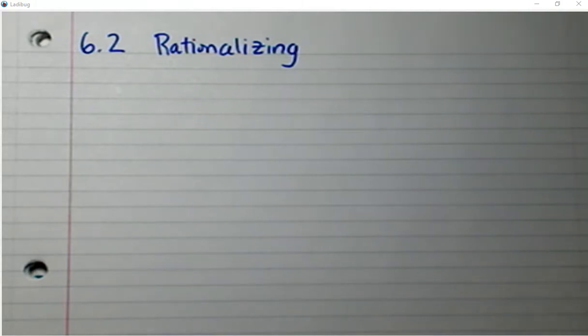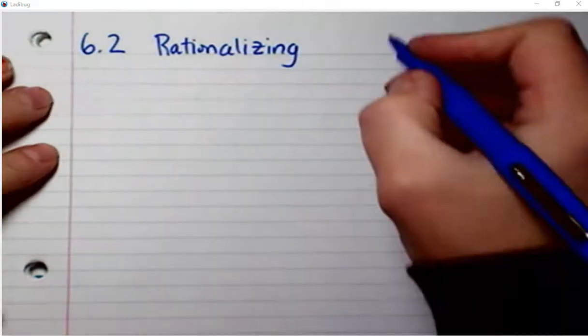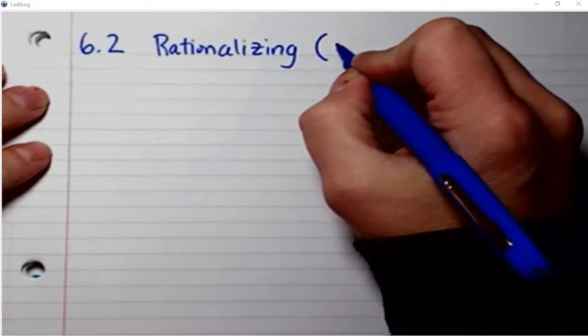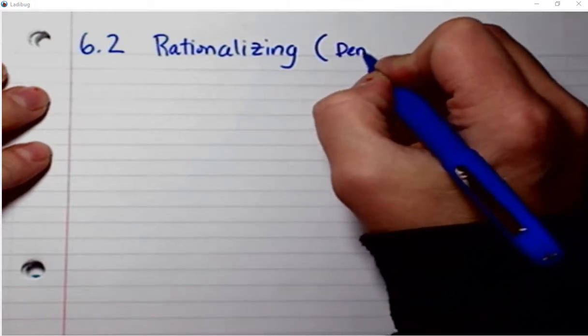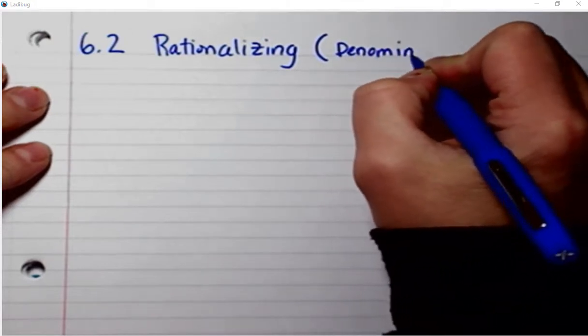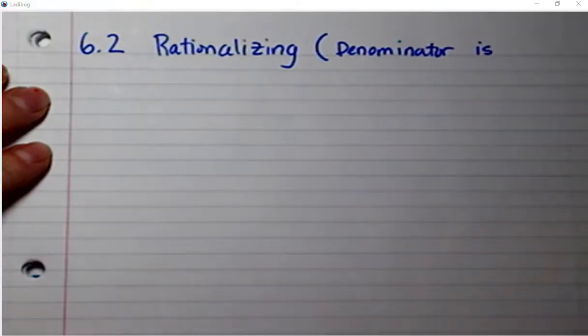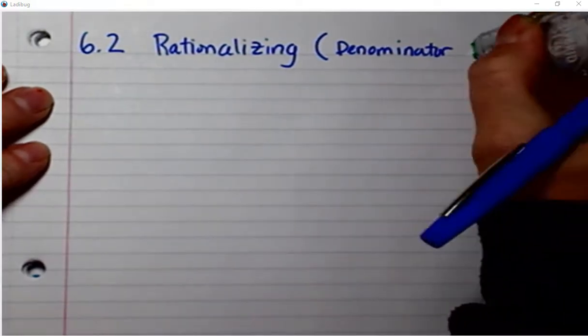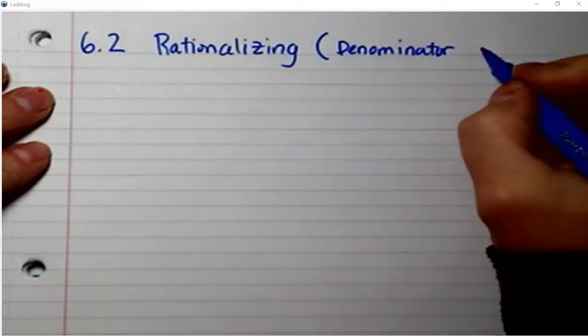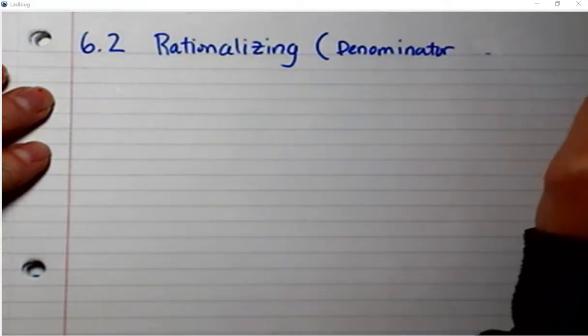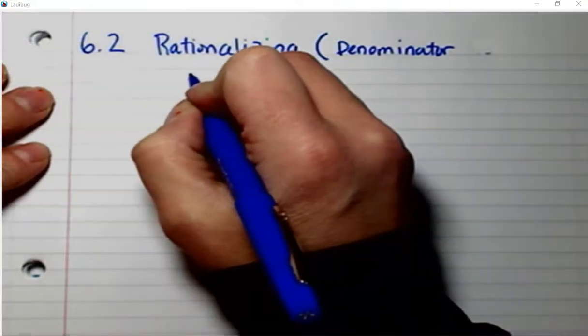Okay, so rationalizing means the denominator becomes, it's like an action. Make the denominator a rational number. Let's try that. Let's say that.